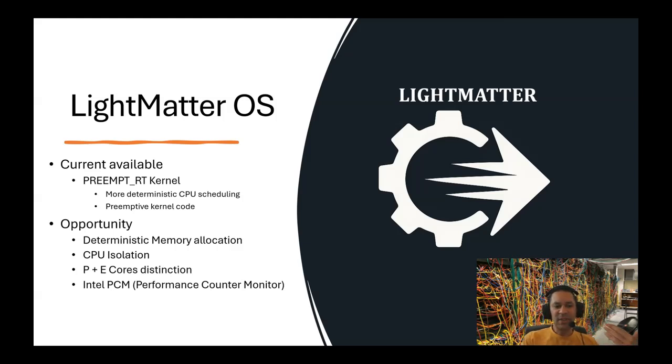Also use the Intel performance counter monitors, cache pinning, and other libraries that will allow the process to have very low latency and no jitter whatsoever. So that's the reason I'm looking into memory allocation and low latency memory operations. Let's see what comes out of it.